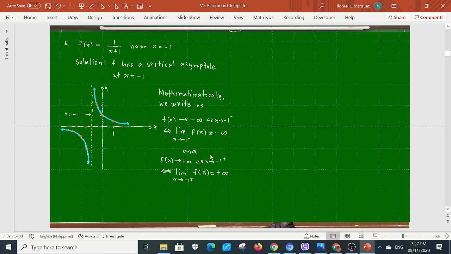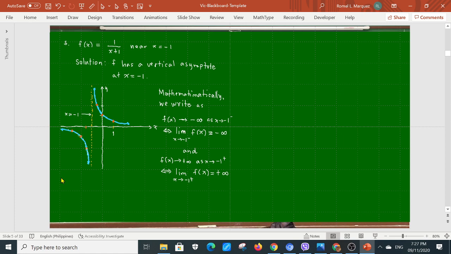Okay? So, how do we write this collectively? Collectively, we say that since f of x does not approach a definite number from either side of negative 1, the different behaviors are attained by f from the left and from the right of negative 1.